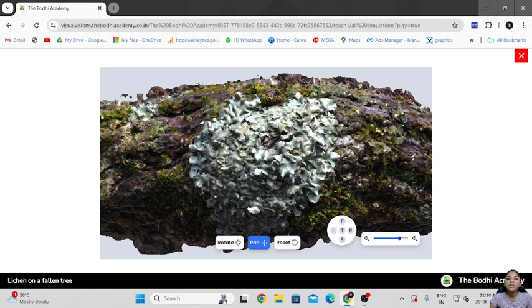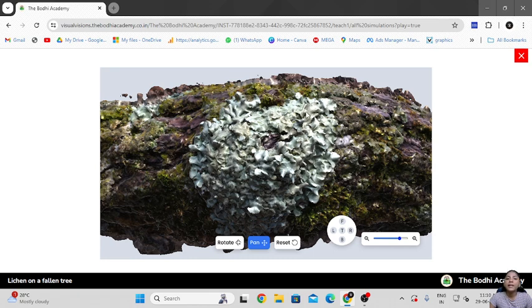Now how does this relationship survive? How do they mutually benefit each other? So the fungi collect or absorb all the water and nutrients from the surroundings and give it to the algae.